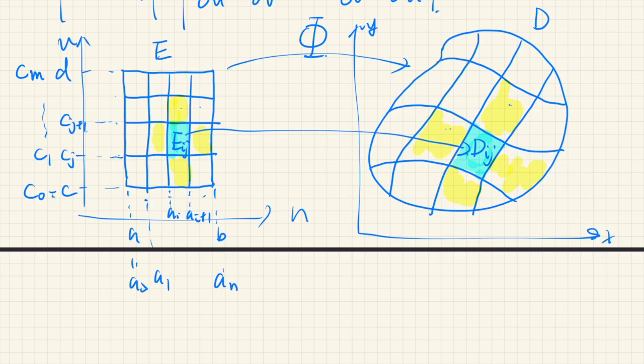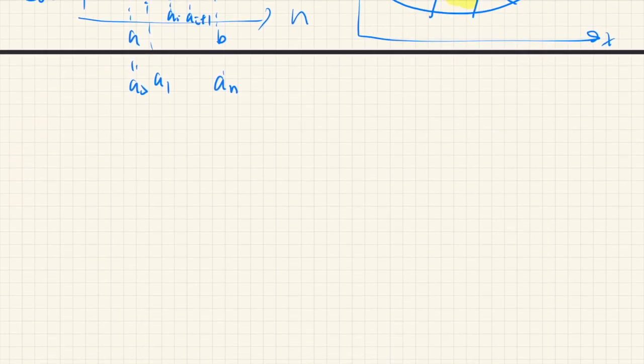Now let's focus on this region and this region. This would be EIJ, and this coordinate here is AI and CJ.